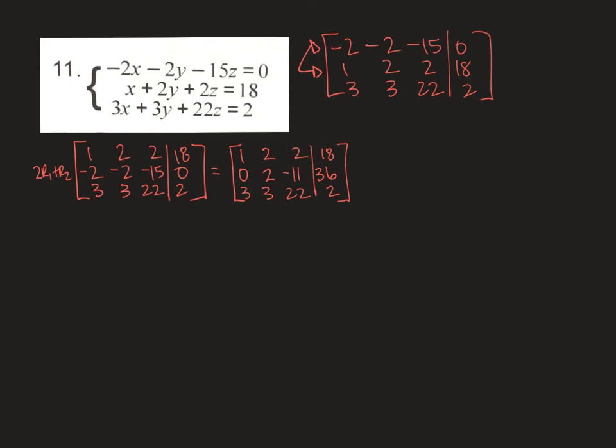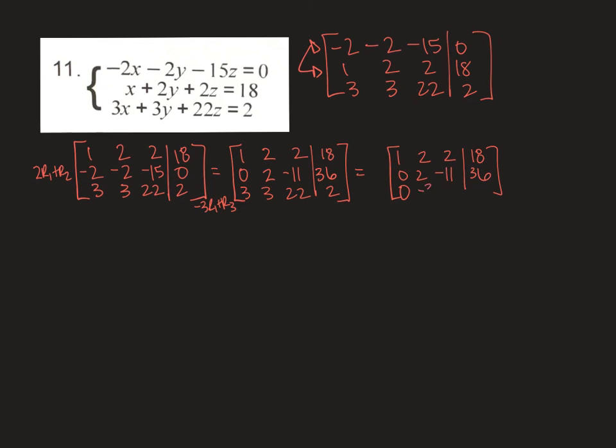And now I'm going to get that 3 to 0. So I'm going to multiply my first row by negative 3 and add it to my third row. So first 2 rows are going to stay the same. Negative 3 times 1 plus 3 is 0. Negative 3 times 2 is negative 6.